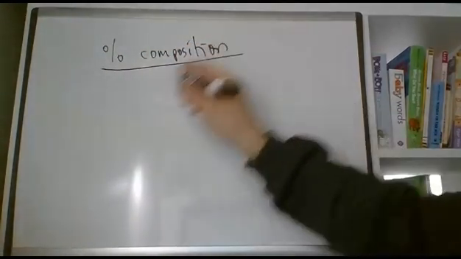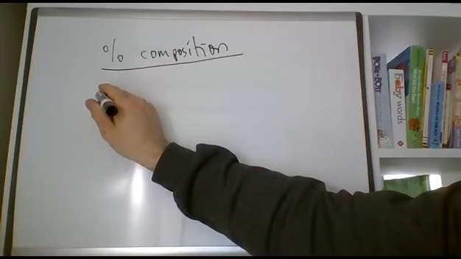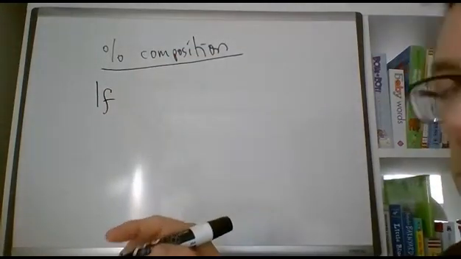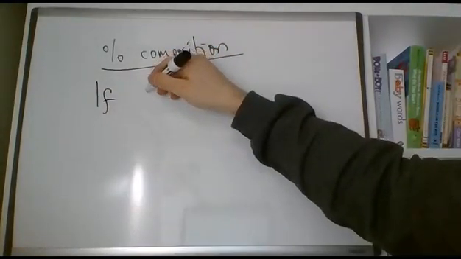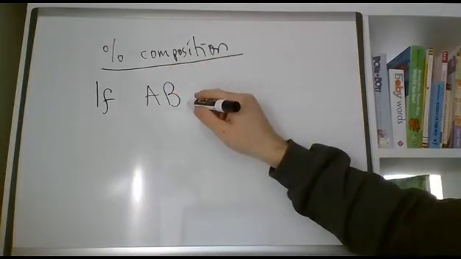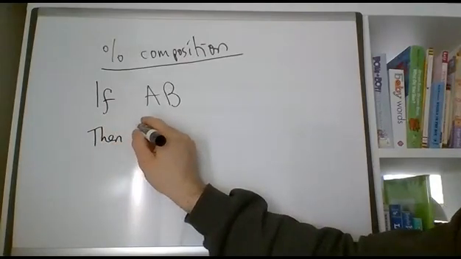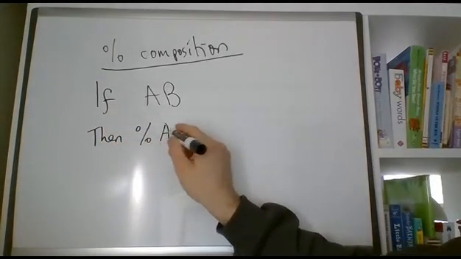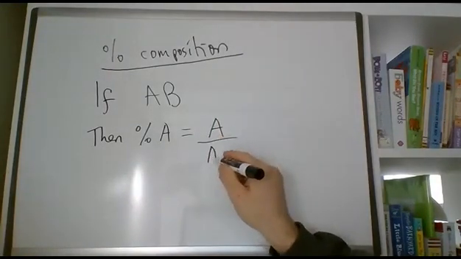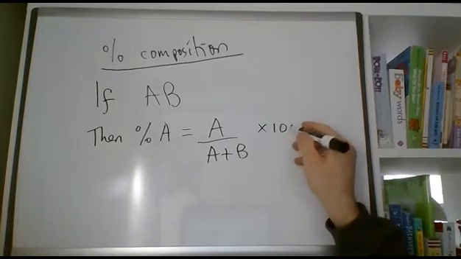Percent composition. If you have a compound, let's say a compound has 2 elements, A and B, then the percent of A is going to be A out of A plus B as a percentage.